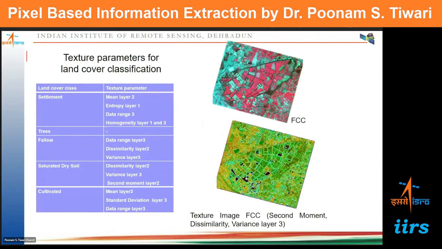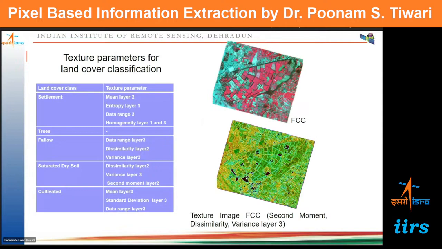So when we used these texture measures, we calculated all the texture measures and used different types of texture measures for different types of features. What we have observed is that for identifying settlement from its surroundings, the mean, entropy, data range, and homogeneity of some layers are useful.